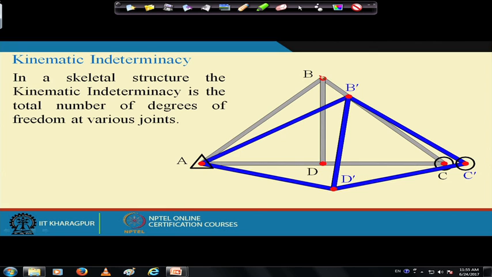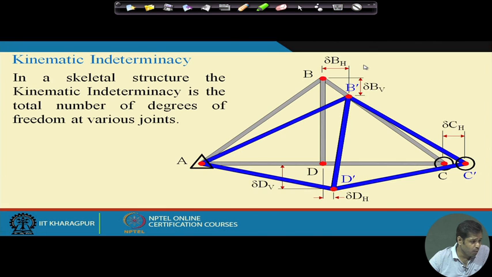Okay. Now, so what happens? Then you see how many displacement unknowns we have here. You see joint B, we have horizontal displacement and also we have vertical translation. Joint C, we have horizontal translation, and joint D, we have horizontal translation as well as vertical translation.